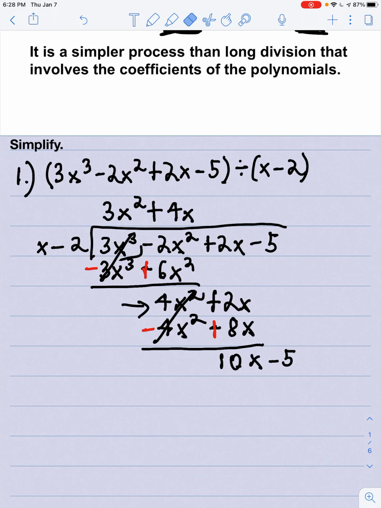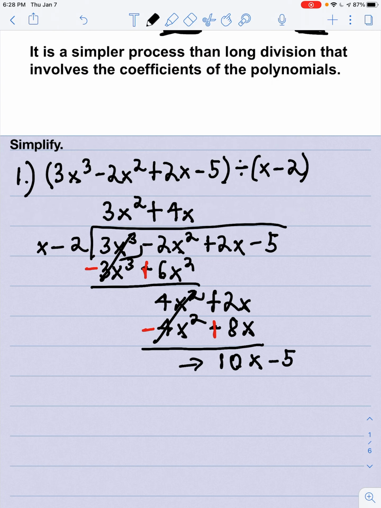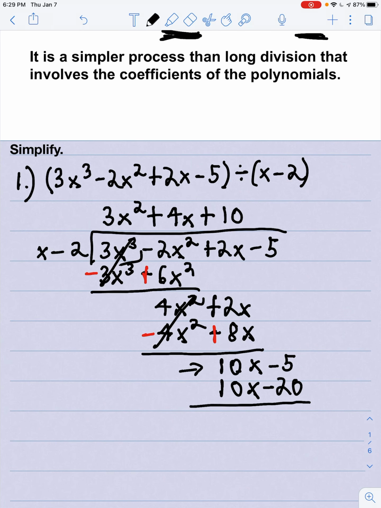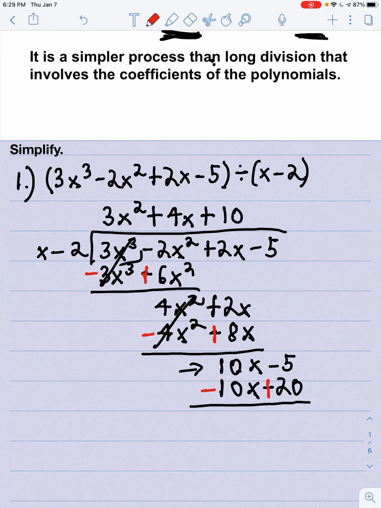So now we're going to repeat the process, but we're going to start here, and we're going to say x in the divisor times what is 10x, and that would be a positive 10. And then taking the positive 10 times the divisor is 10x minus 20. And then I add the opposite, so I change my signs, and now I can cancel my 10x's, and negative 5 plus 20 is 15.